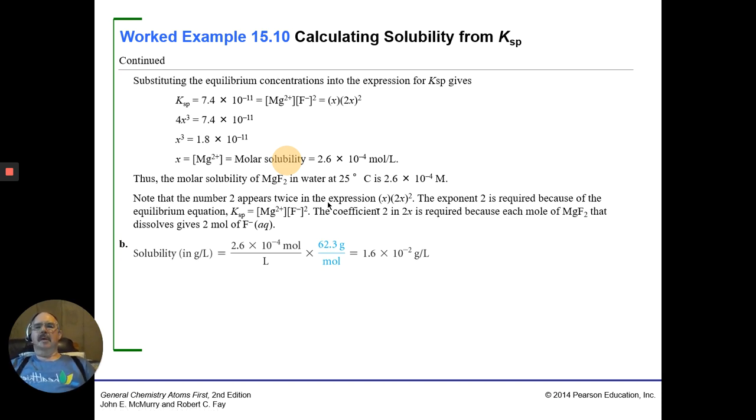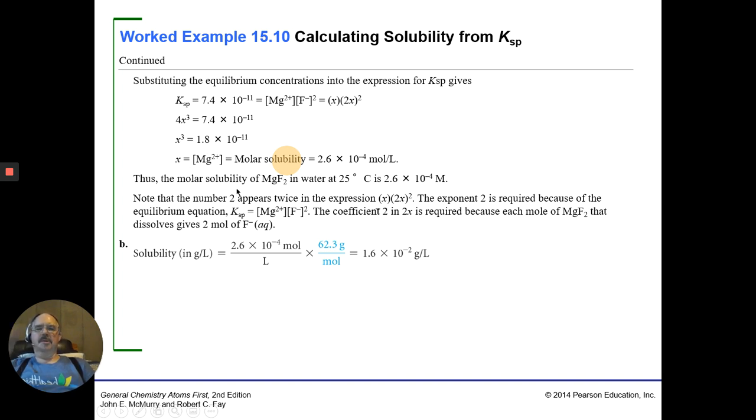Right, so the molar solubility, we would find x using this method. Magnesium is x, fluoride is 2x. We would also square the 2, so combining terms, this comes out to 4x³. Divide both sides by 4 and then take the cube root.